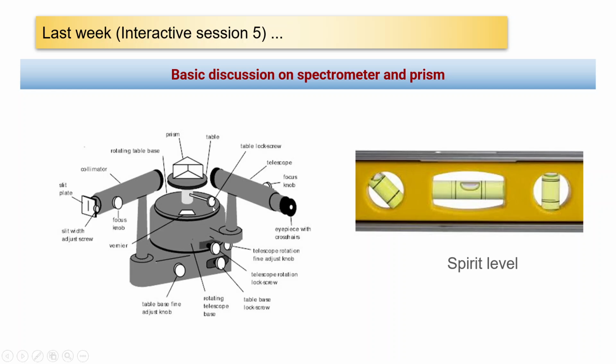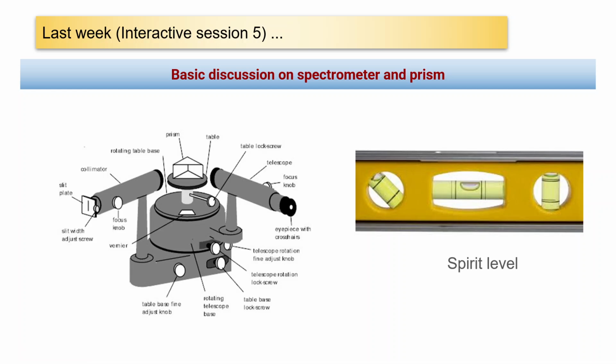This is how a typical spectrometer looks, and the basic components were the collimator, the prism kept on the prism table, and the telescope through which we see the spectra, and then we do various studies or experiments. The very important aspect that we start with is leveling of this whole setup using the spirit level. We had discussed these things in detail.